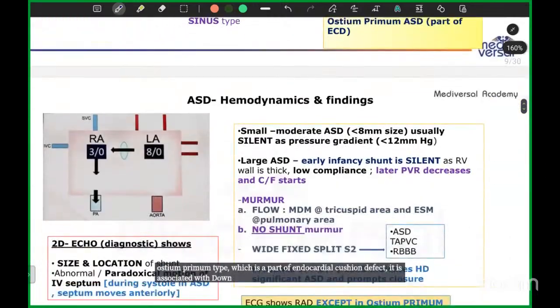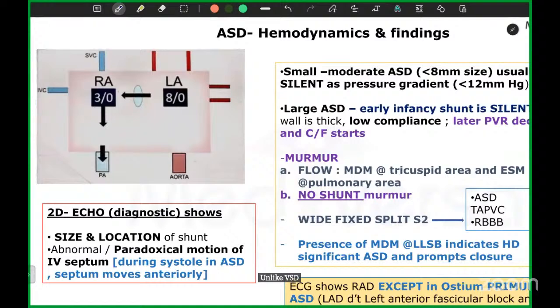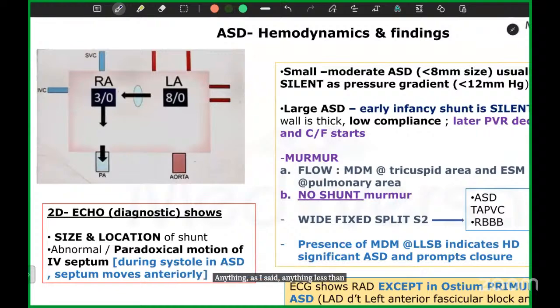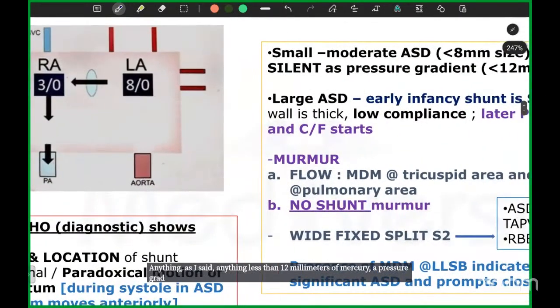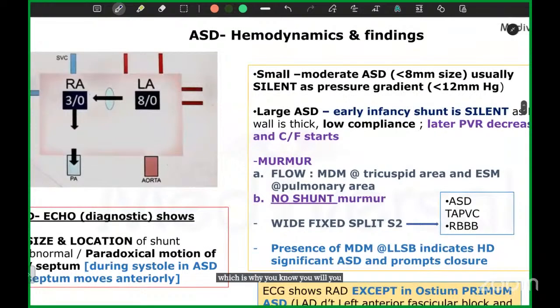Unlike VSD, where the pressure gradient was almost around 80/4, here the pressure gradient is not really significant. As you can see, it's 8/0 and 3/0, which makes the pressure gradient, delta P, around 5. Anything less than 12 millimeters of mercury pressure gradient will never produce a significant shunt, which is why you will never get a shunt murmur really.